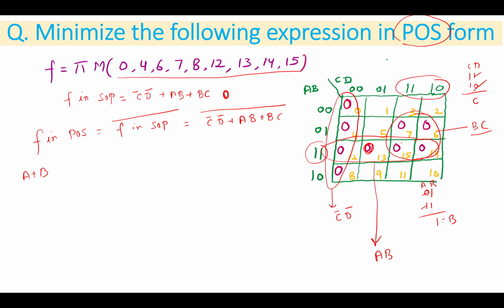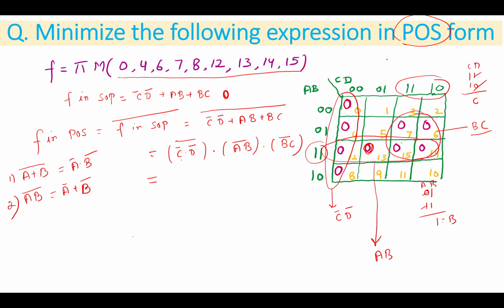We know the property A plus B whole bar is A bar into B bar, and one more property, AB whole bar is A bar plus B bar. If we apply these, we get C bar D bar whole bar, and AB whole bar, and BC whole bar.